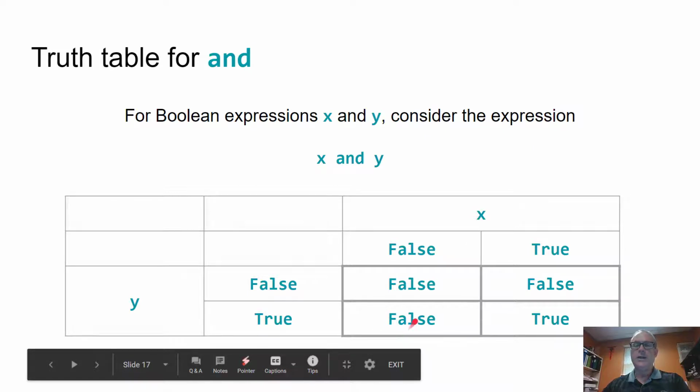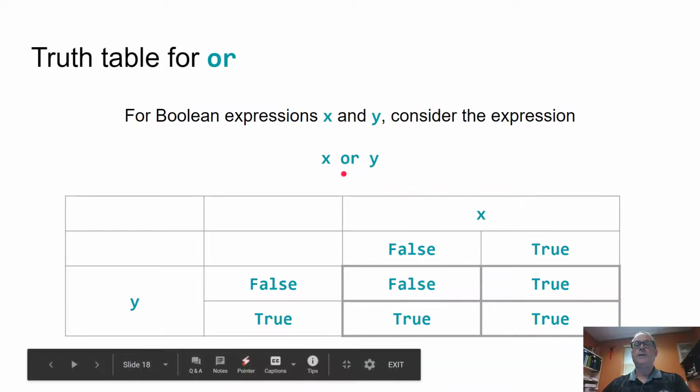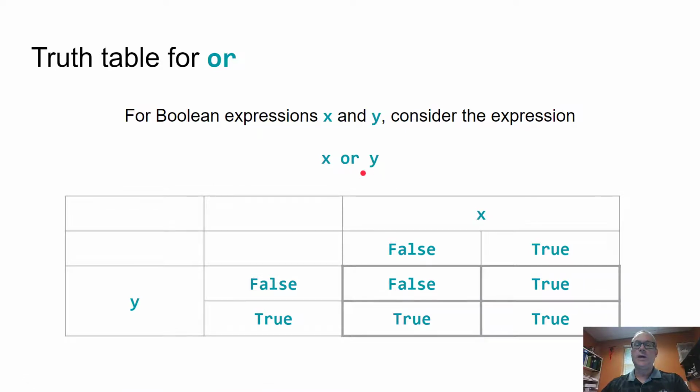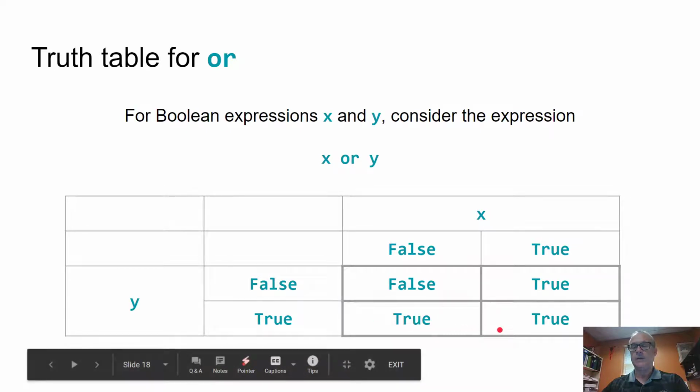The only way to get a true value out of x and y is if both x and y are true. An or means it's true if either or both of these are true. So the only place where x or y is false is when both the values of x and y are false. In every other instance, at least one of them is true, so the whole expression is true.